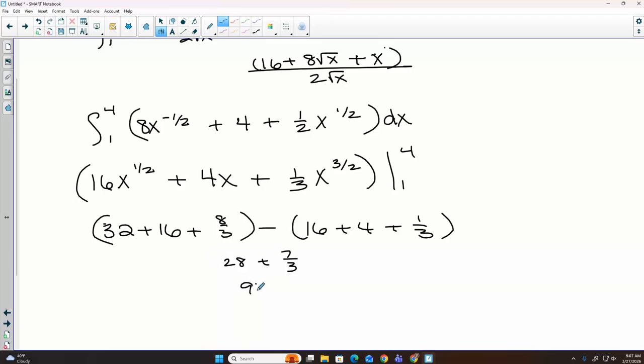So 91/3. And you guys, are you okay with my mental math, or do I need to explain any of that? Common denominators.